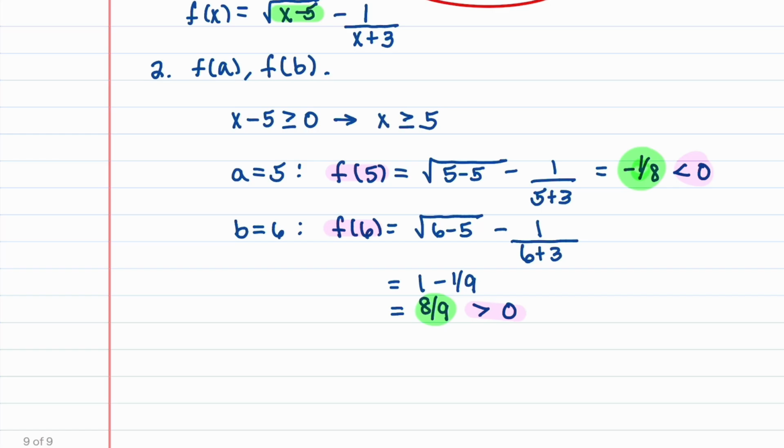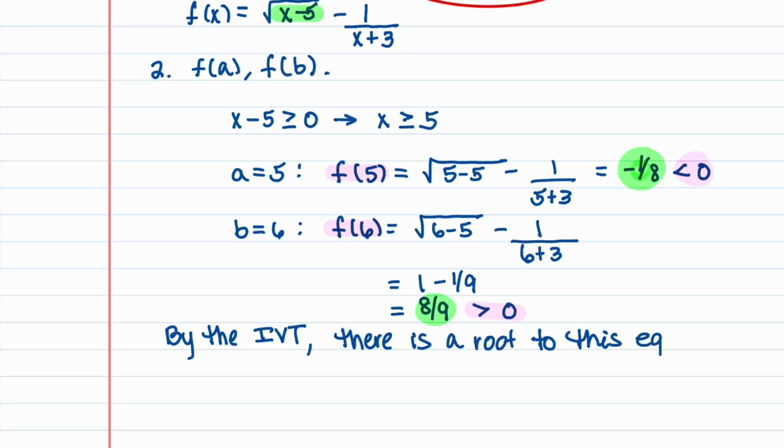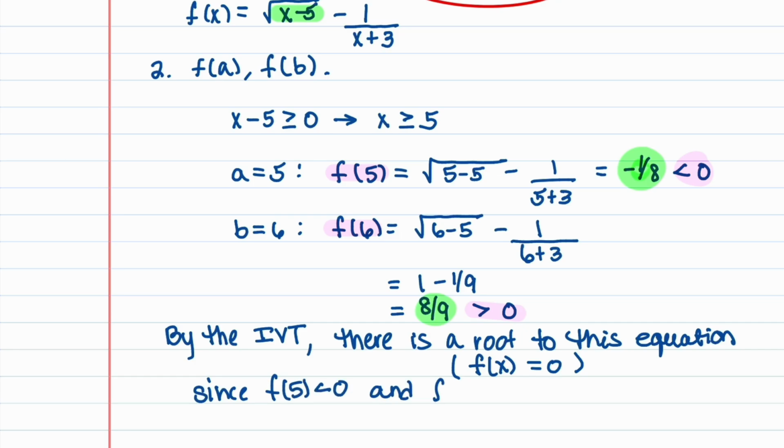So this tells us by the intermediate value theorem, which we'll abbreviate as IVT, there is a root to this equation, and let's put in parentheses that that root is where f(x) is equal to 0, since f(5) is less than 0, and f(6) is greater than 0.